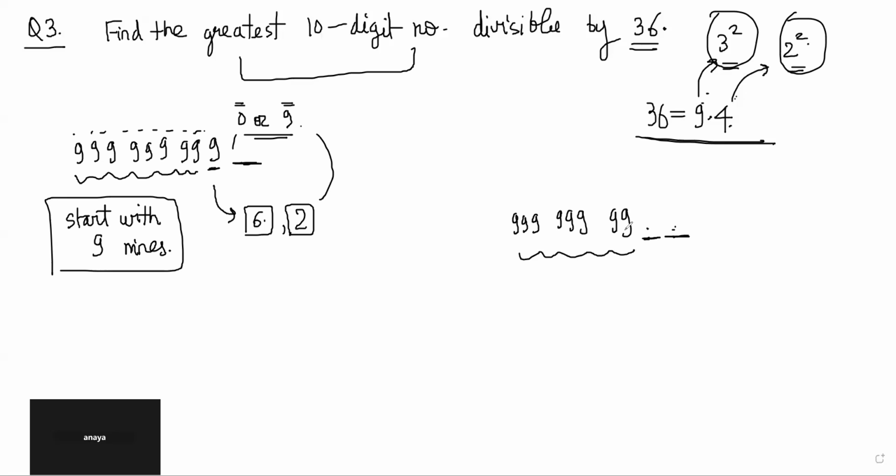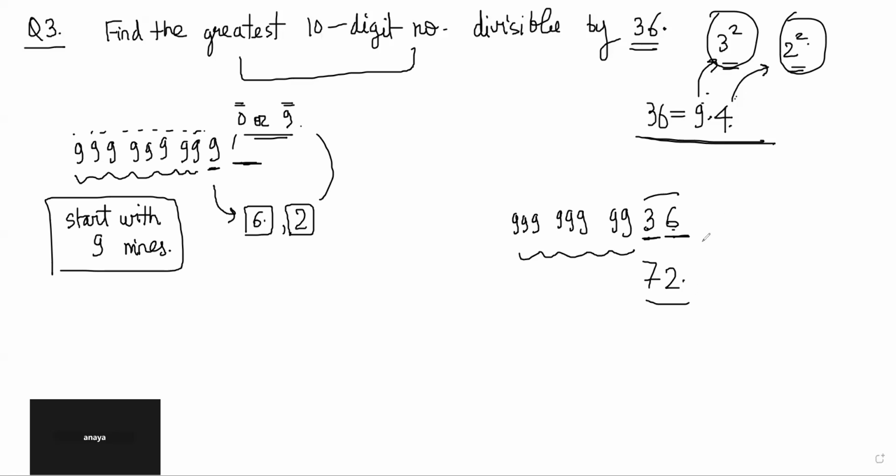Think about it. Last two digits have to be divisible by 9, so 36 is possible, right? And then 72 is also possible, right? Basically, last two digits can be 36 or 72, no?